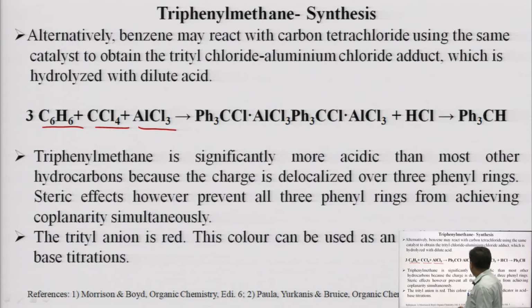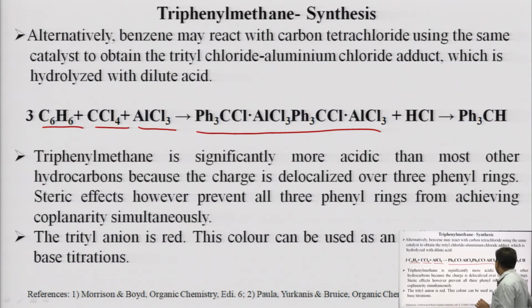The same reaction occurs. Benzene reacts with carbon tetrachloride using the same catalyst to give the trityl chloride-aluminum chloride adduct. When this adduct is hydrolyzed with a dilute acid like HCl, we get our product, triphenylmethane.